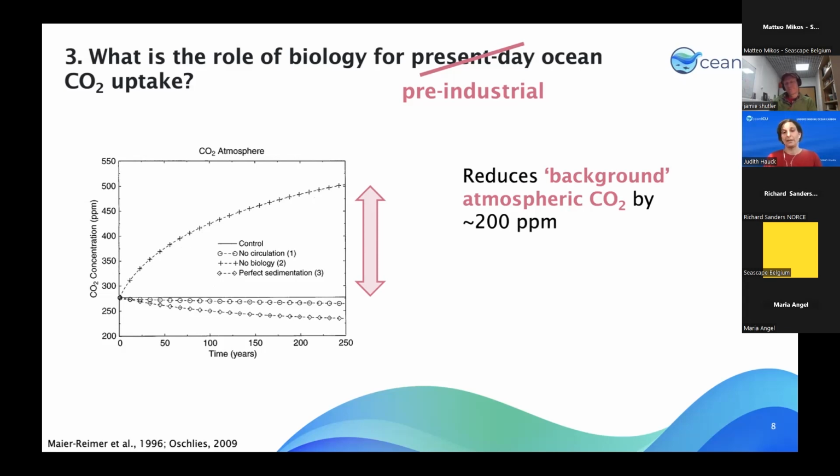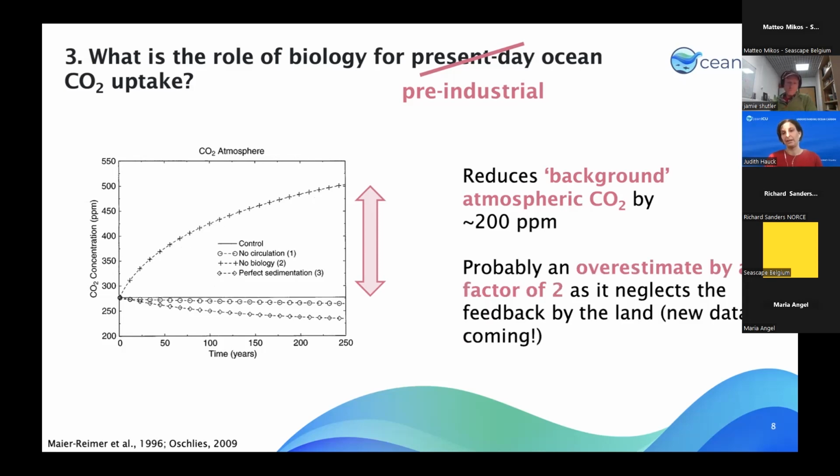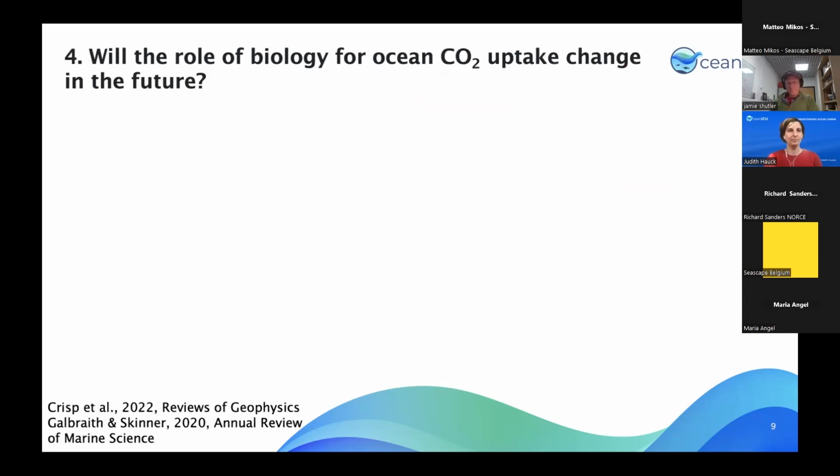I would argue, and there's work we're doing on that aspect, that probably this is an overestimate by a factor of 2, as it neglects the feedback by the land. And this is work that Andreas Oschlies had shown in 2009 already, and we're working on this as well. So certainly it does have an effect on atmospheric CO2.